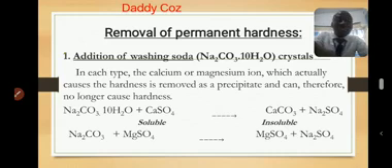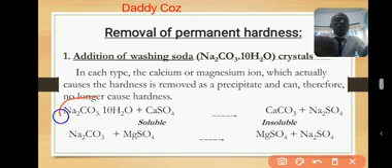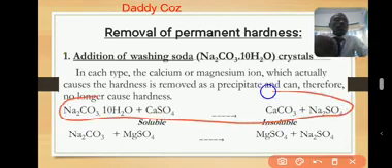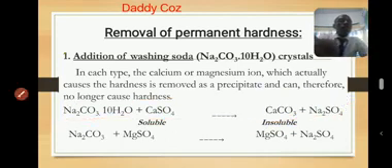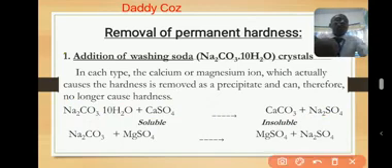You can be asked in exam to write an equation for the removal of permanent hardness by washing soda, so you give them this. Now, another example: if it's not calcium sulfate but magnesium sulfate, the same thing will happen.